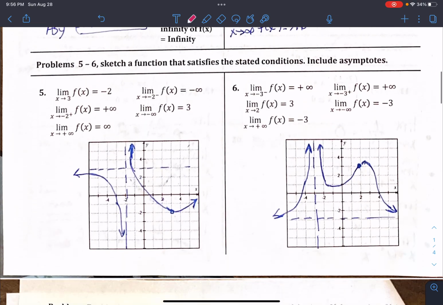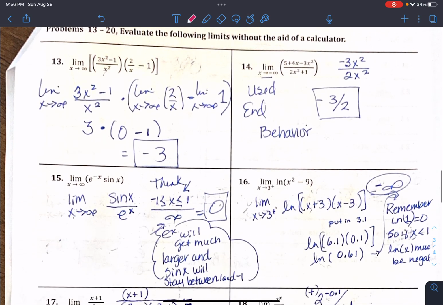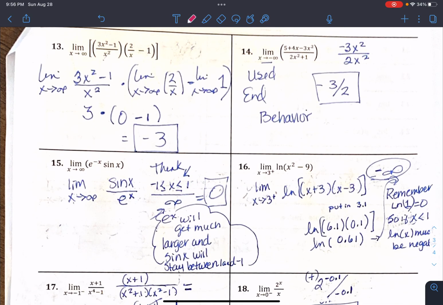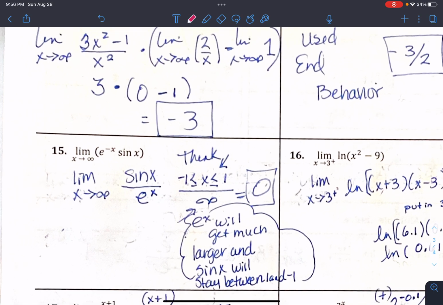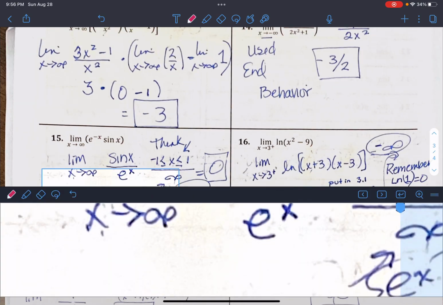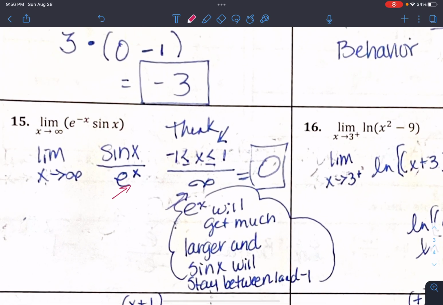Number 15. Let's see what's going on with that one. Okay. This is definitely dominance, and I think maybe that was day 2, but you know now that e to the x gets bigger a lot faster than sine x, so it's definitely going to be 0.